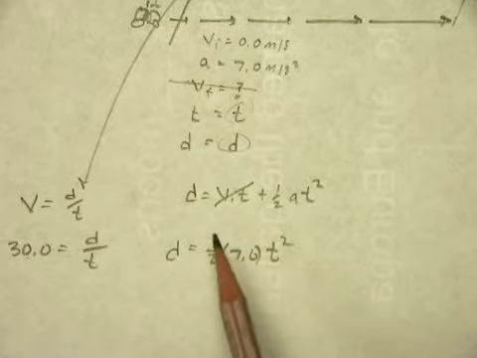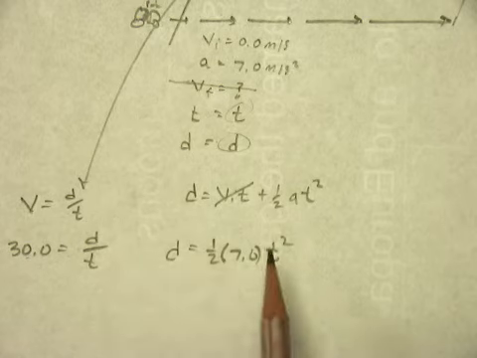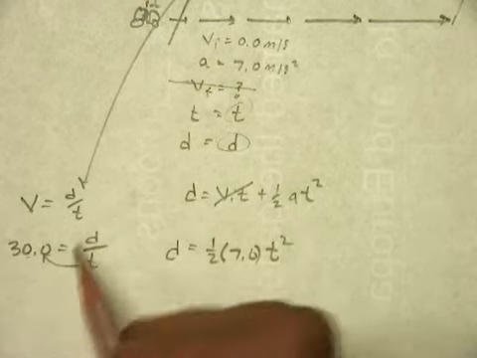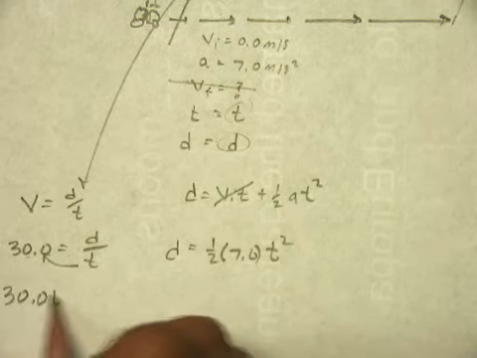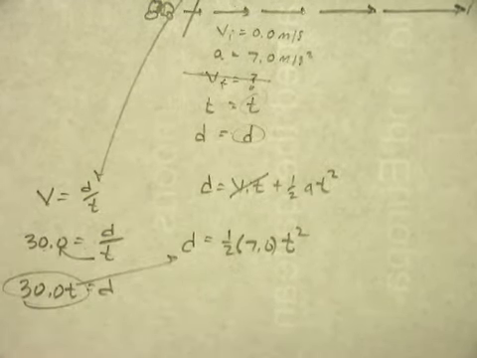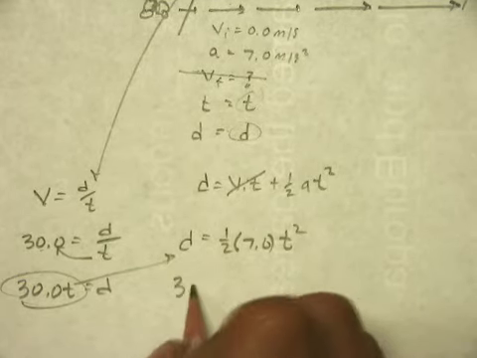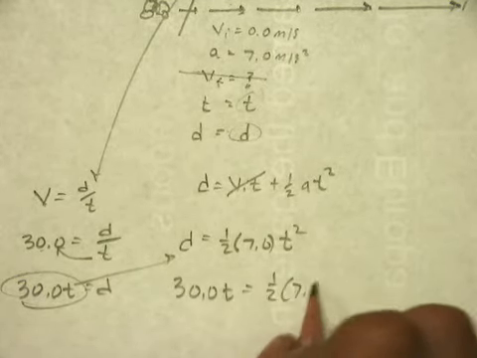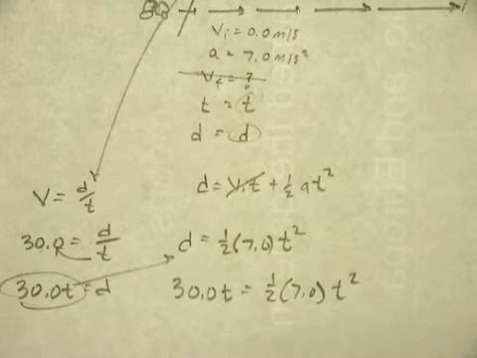You can use a matrix. You could solve it by graphing, where did they cross, or you could solve by substitution or elimination. I'll probably do a substitution, that's probably the easiest. 30.0 t is equal to d, and then I'm going to take this and plug it in there. So 30t is equal to 1/2 7.0 t squared.